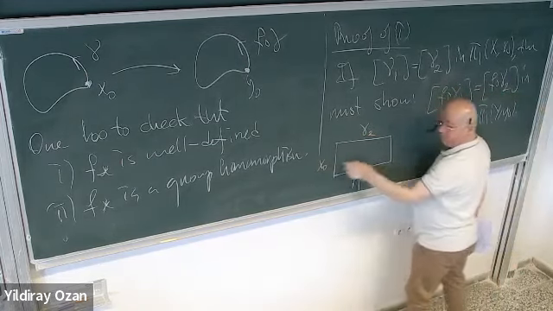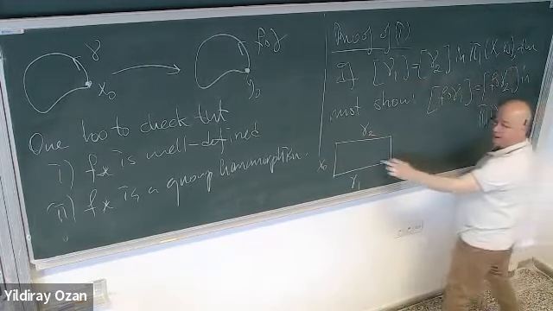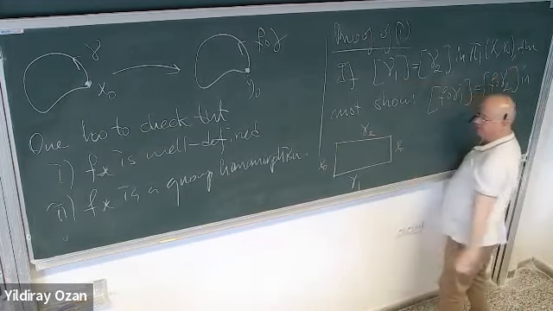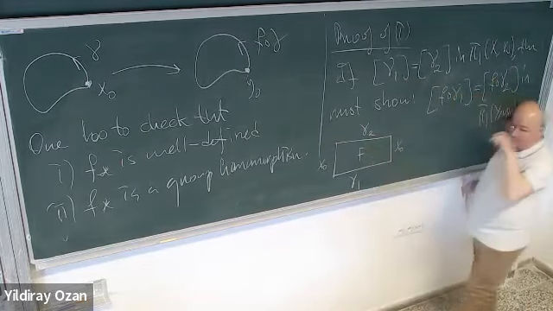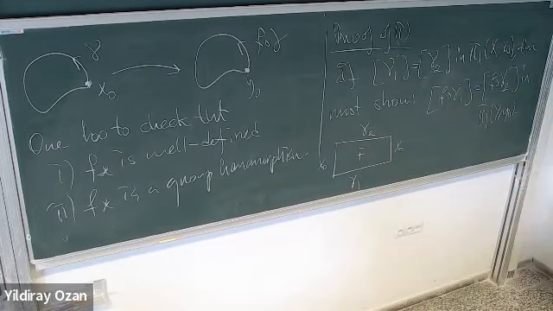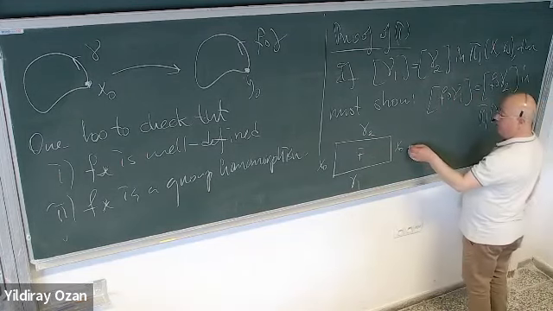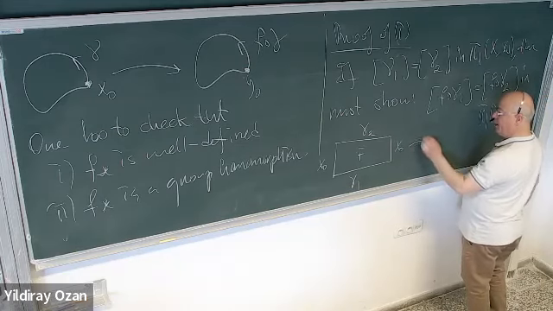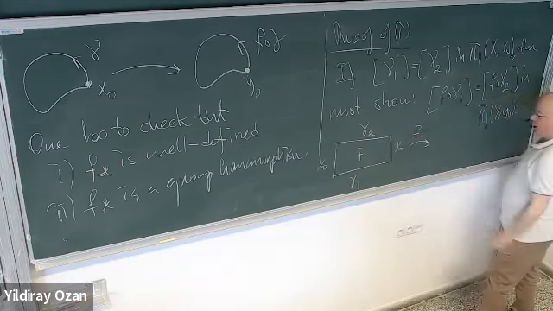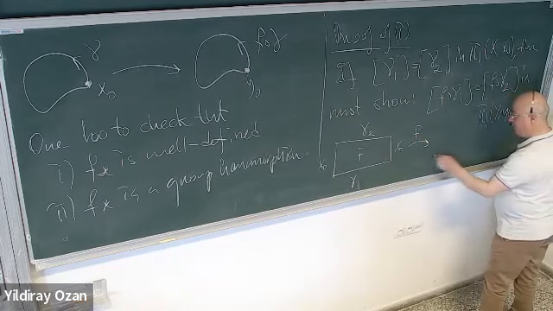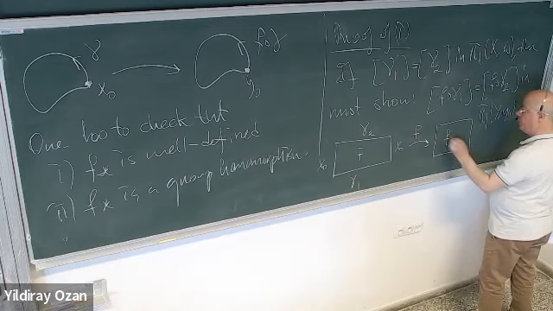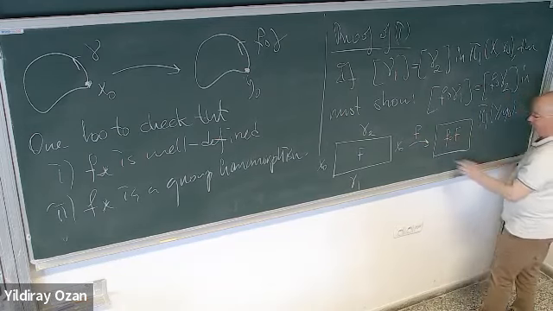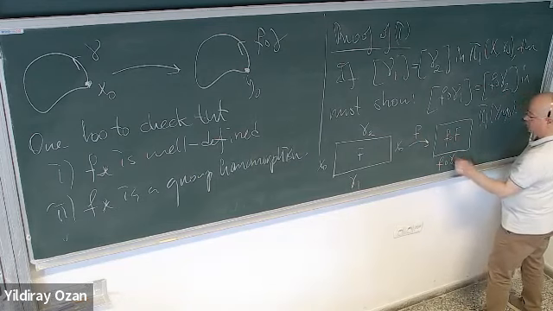And base point is x0, so both paths start and end at x0, and they are homotopic via F. What we do, we apply f to this picture, and I have here f composition big F. Here I have f composition gamma 1.